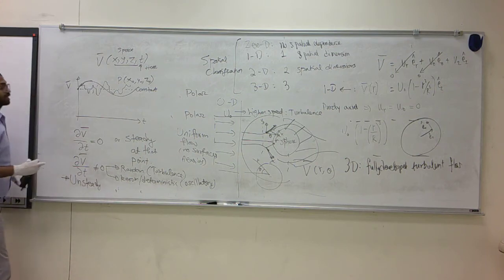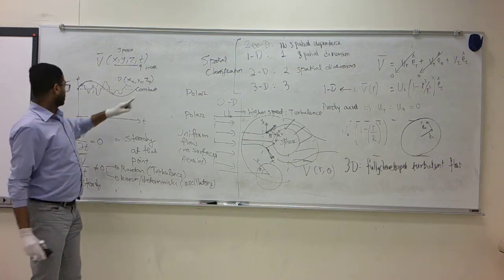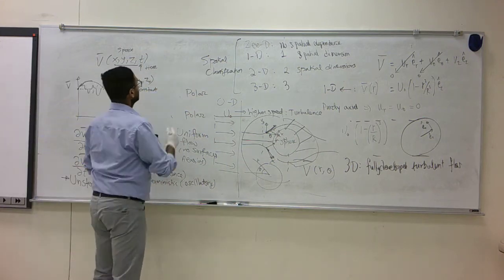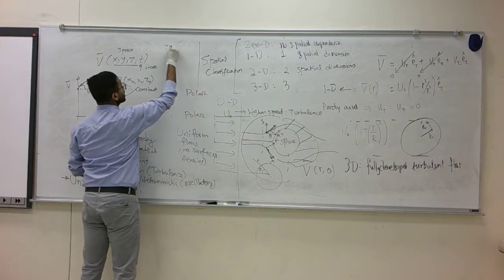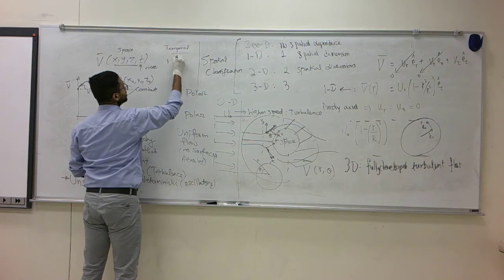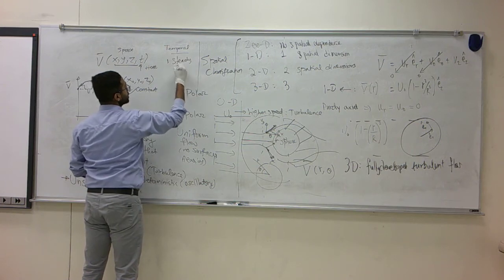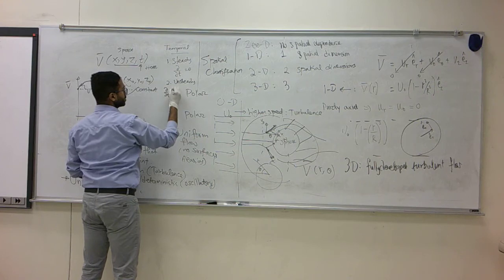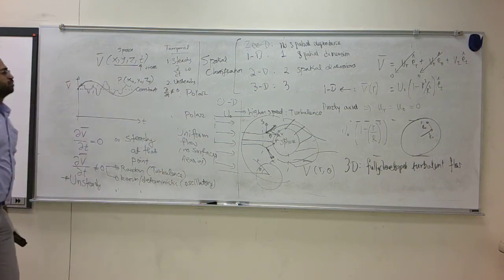So that's the big classification based on time. So spatially 1D, 2D, 3D, and temporal classification. You have steady, which is the time derivative is 0, and you have unsteady, where the time derivative is non-zero. Time derivative is non-zero. Okay.